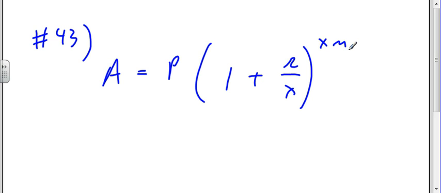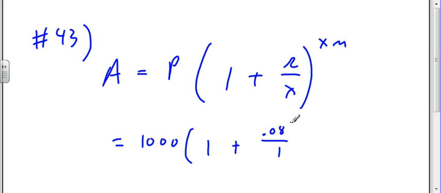Assume that you have $1,000 invested, and the rate is 8%, so that's 0.08, and I'm going to compound annually. So that's going to be a 1, and I'm going to raise that to the number of years, 3 years, right? Raise it to the third power.